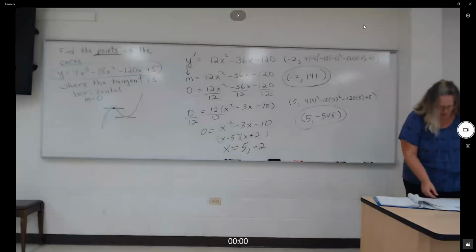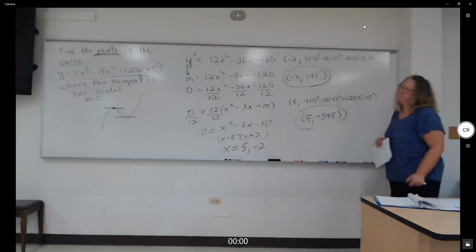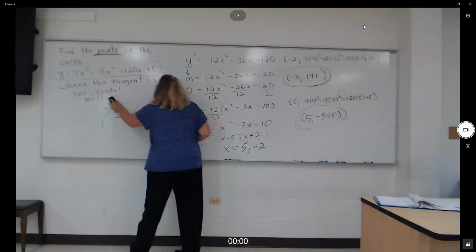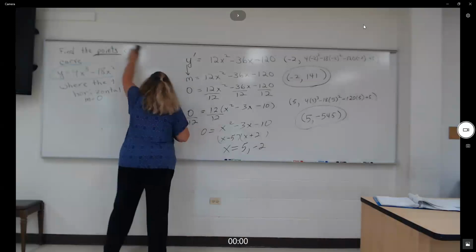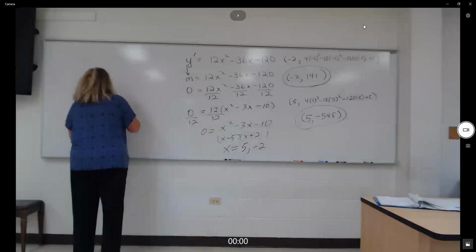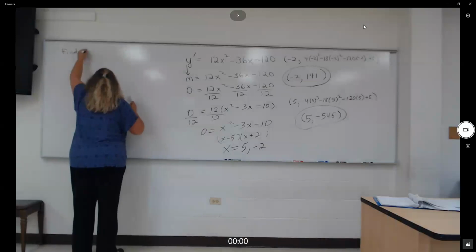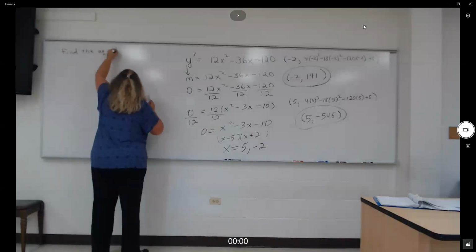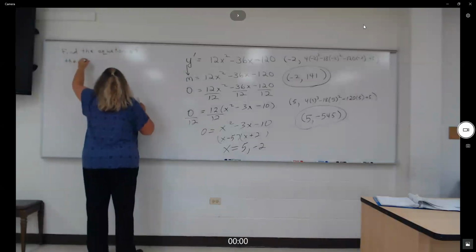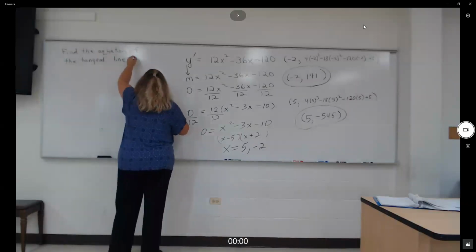Okay, let's try one more. All right, let's start over. This time we're back to finding the equation of a line. Find the equation of the tangent line to the curve, so to our graph.